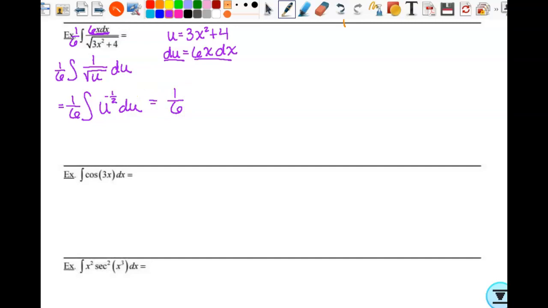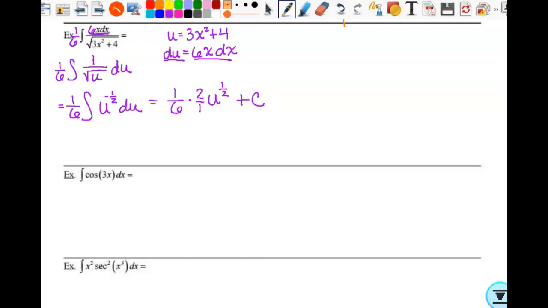I'm going to use my power rule: I add 1 to the exponent. What's -1/2 plus 1? 1/2. So I have u to the 1/2. Then I have to divide by 1/2, which is the same as multiplying by 2. I'll put my 2 over 1 just because I like it better that way. And then I cannot forget my plus c.